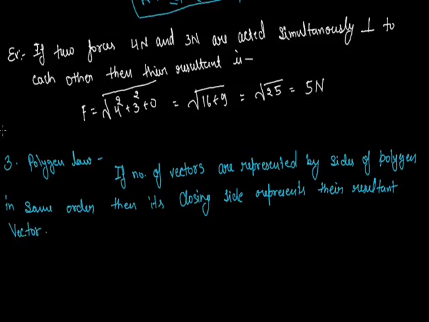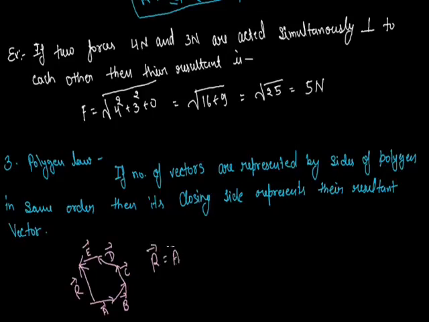Suppose some vectors A, B, C, D, E. Then their closing side represents the R vector. R vector equal to A vector plus B vector plus C vector plus D vector plus E vector.